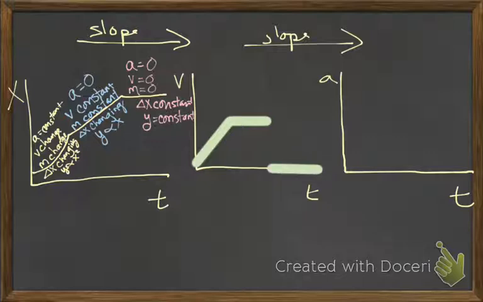Okay. 0 velocity looks like a flat line. Okay. So let's fill in the information. So in this case, we know that our velocity, our delta V, is changing. Okay.